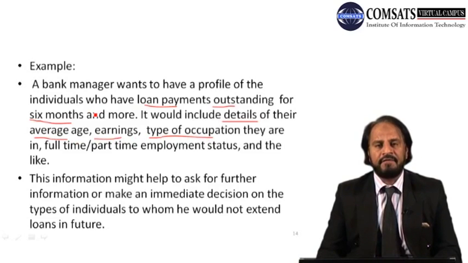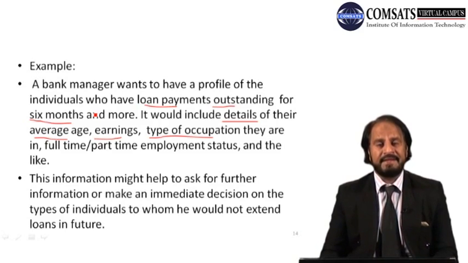Now, getting this kind of information, what we call descriptive information of the loan takers, will help him make decisions, such as not giving loans to the type of people who delay their payments beyond 6 months. How does he know that?